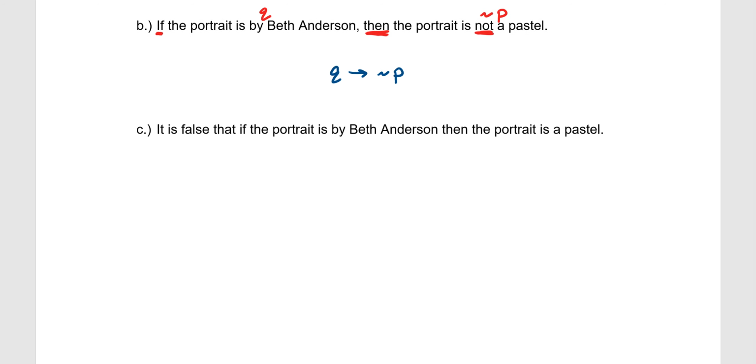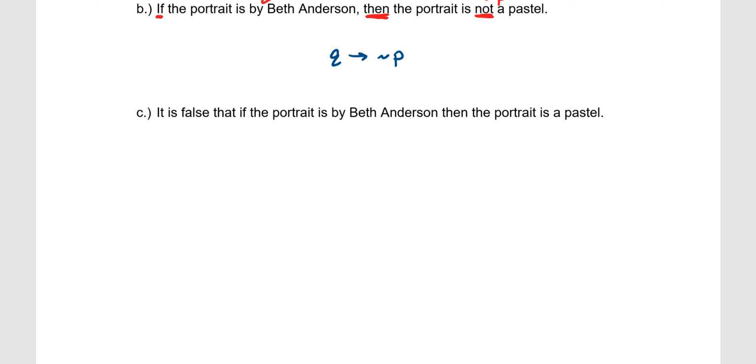Okay, and then the last one here we have it is false that if the portrait is by Beth Anderson, then the portrait is a pastel. So what we should automatically see is the first little phrase that it is false. So we should know that it's going to be starting with a negation and then parentheses. Every time we see something that starts with it is false, it's a negation, and then we're going to have parentheses and then have a compound statement inside the parentheses.